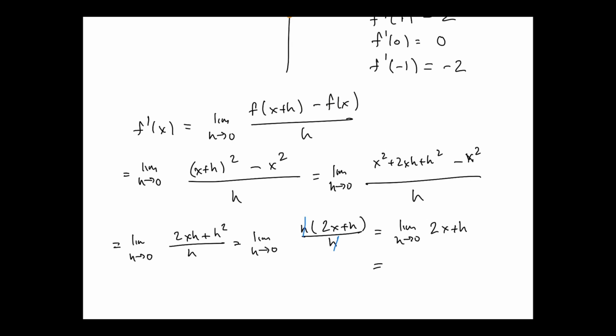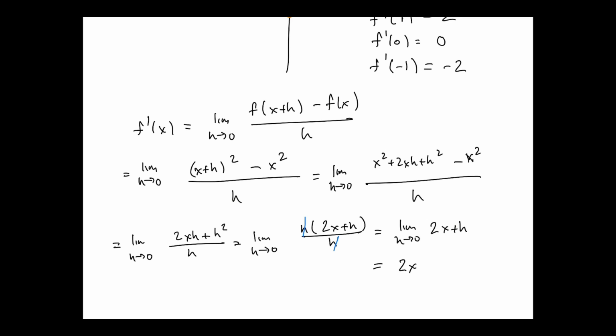What about h? As h approaches 0, what is h approaching? 0. Okay, so this whole thing goes to 2x. Does that kind of make sense? Right, x and h don't have anything to do with each other. Two completely different variables. So as far as h is concerned, x is a constant.